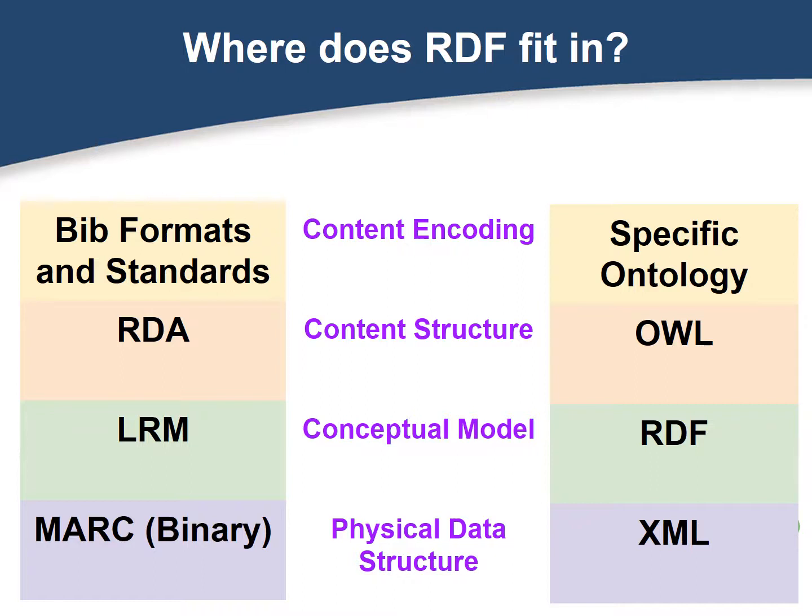Like, it will say to encode the creator, and it will even tell you how to encode the creator's name, but it won't say what that is. And then on top, you have bib formats and standards, which tells you that the author's name goes in the 100 field, the title goes in the 245, the Library of Congress subject headings go in the 650 blank 0, and likewise, after you define the specific ontology, that's where your content goes in the RDF. So this stack gives you an idea of how the components are related.